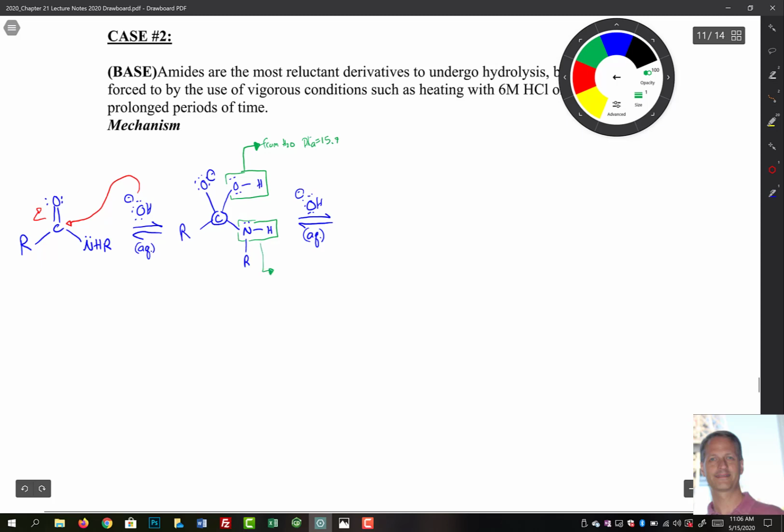Now this guy comes from NH3, and that has a pKa of 36. So 15.7 versus 36. So in the presence of hydroxide, hydroxide is more likely to do a deprotonation up here on that top oxygen. So again, what forms here now is this oxygen with a minus charge and another oxygen with a minus charge, and then an NRH down here. All right, so here we get a dianion.